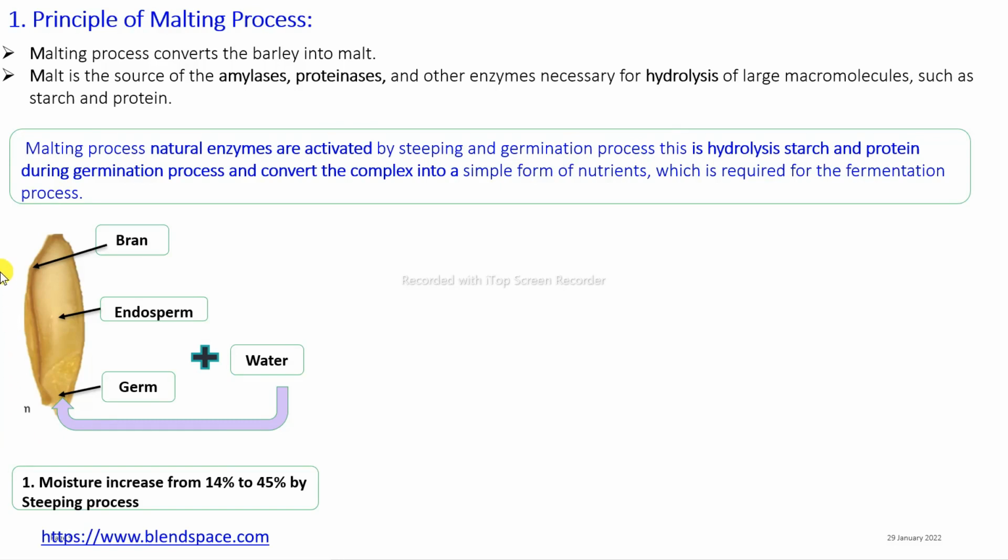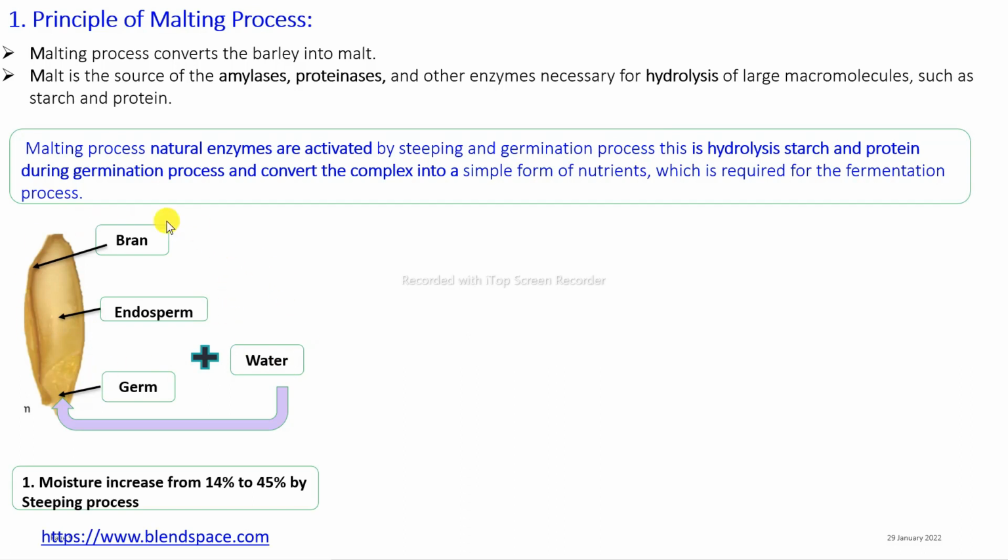You can see this is the barley grain, in which the main parts are the germ, endosperm and the bran. Water is added during the steeping process, and the internal moisture content is increased up to 45%.